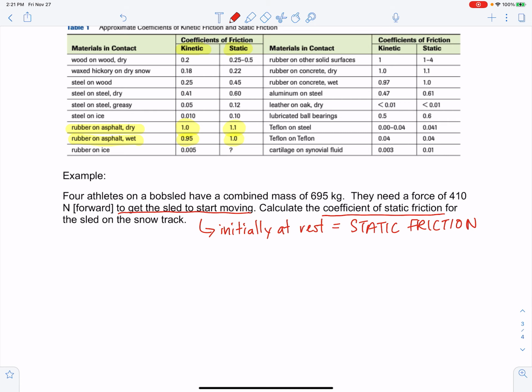So, we are given the mass of the athletes on the bobsled, and that's 695 kilograms. And they need a force of 410 newtons just to get them to move. So the force applied on them is 410 newtons forward.